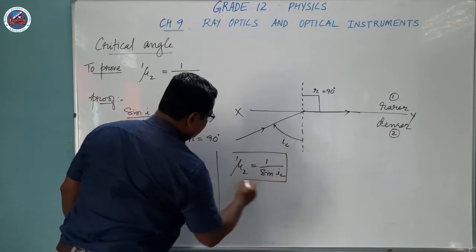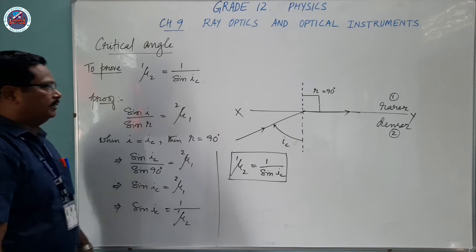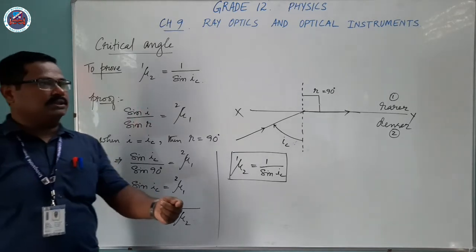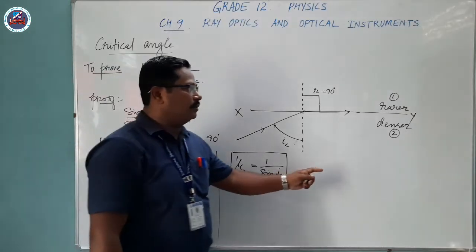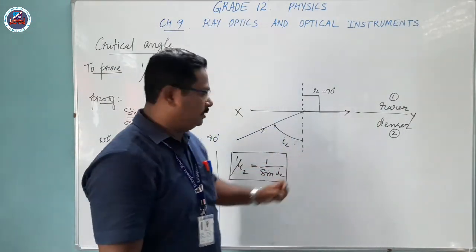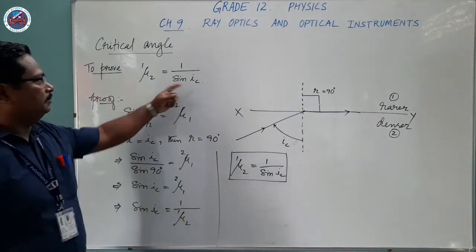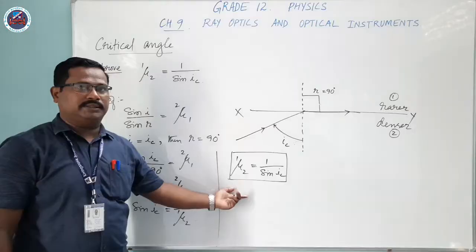So this is the relation. You have to keep in mind here 2 is denser and 1 is rarer. So the essential condition for critical angle is that light must pass from denser medium to rarer medium. Then only you will get this critical angle, and you can use this relation.